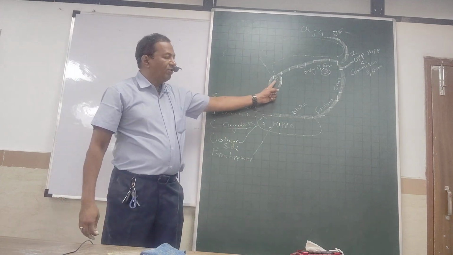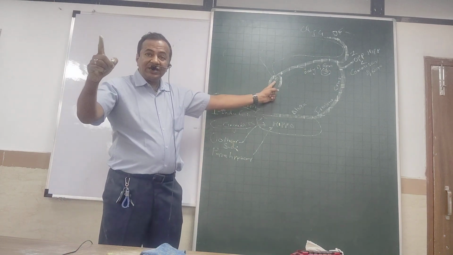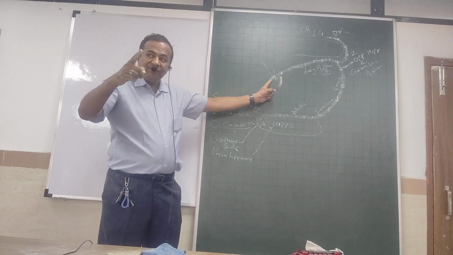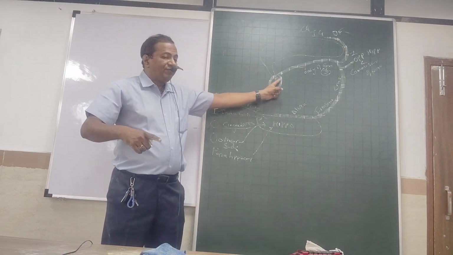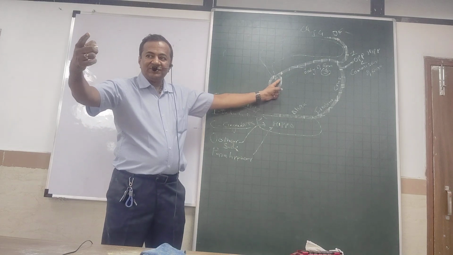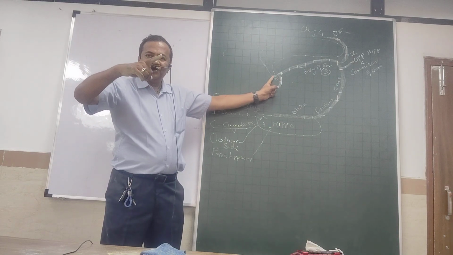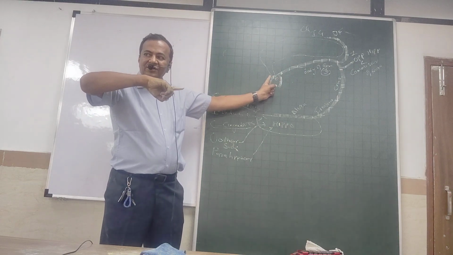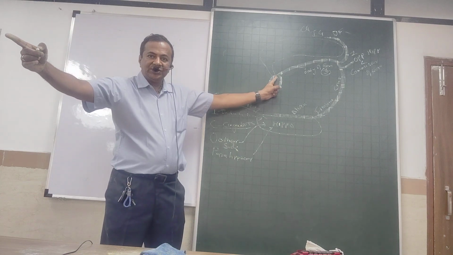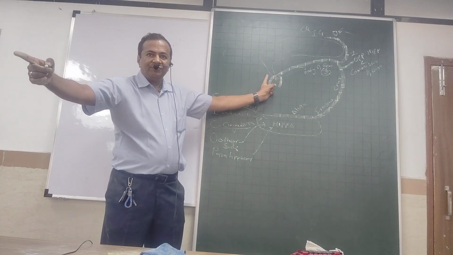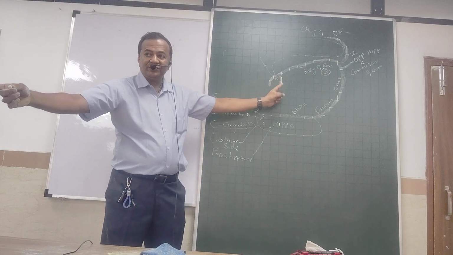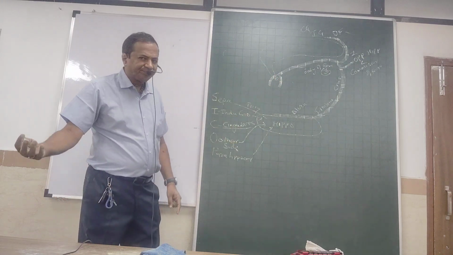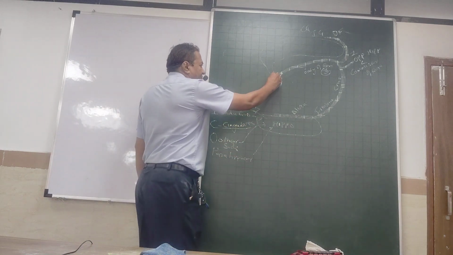These columns are named: the column before the commissure is called precommissural, after is called postcommissural, based on whether the column is anterior to the commissure or posterior to the commissure. Precommissural fornix, postcommissural fornix, columns.